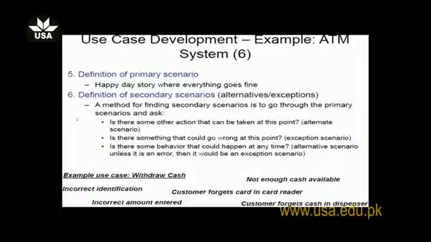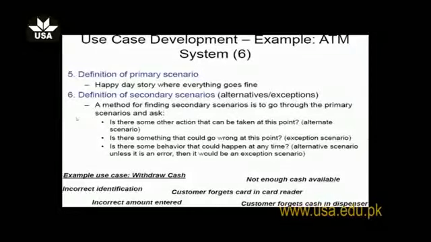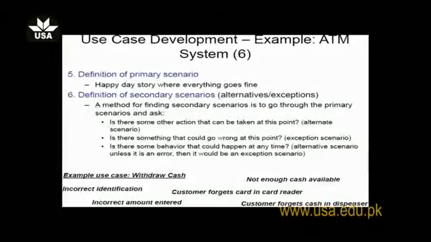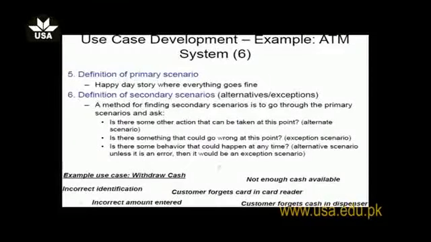system. So, example use case withdraw cash: you can see here incorrect identification could be an action, not enough cash available, a customer forgets the card in the card reader, incorrect amount entered, or the customer forgets cash in the dispenser.